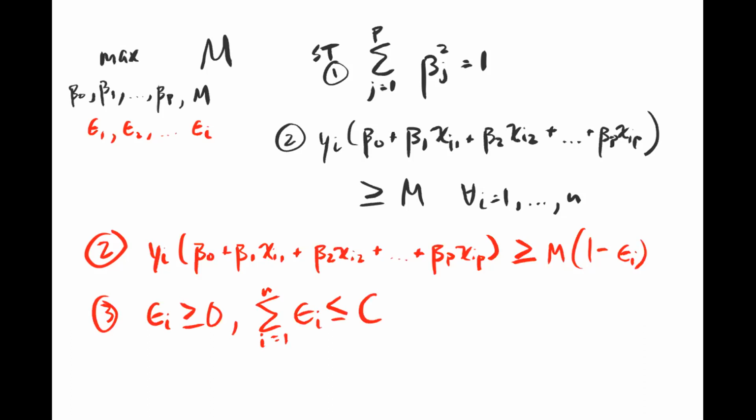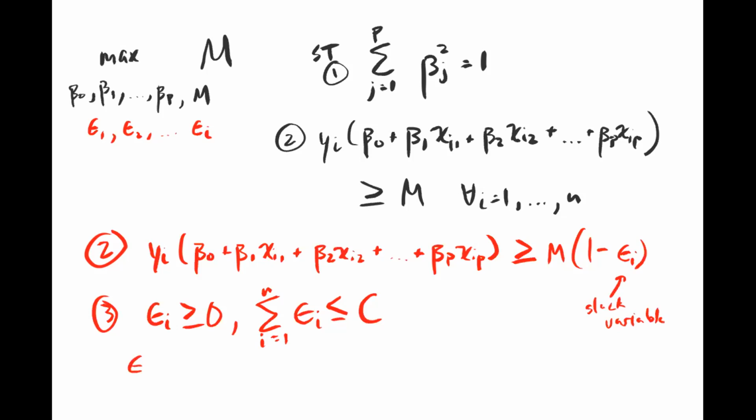Okay, so what is going on here? The way that I would describe this is that epsilon is acting as a slack variable.